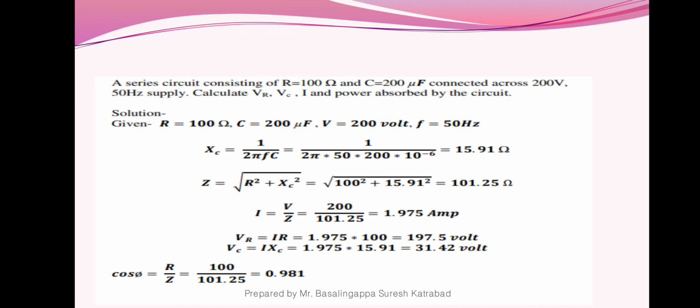Next we will see one simple problem. Example numerical. A series circuit consists of R equal to 100 ohm and C equal to 200 microfarad connected across 200 volt 50 hertz supply.